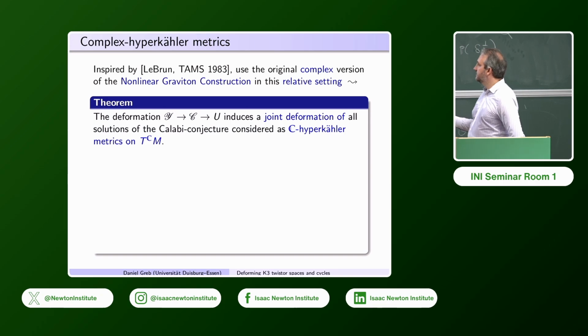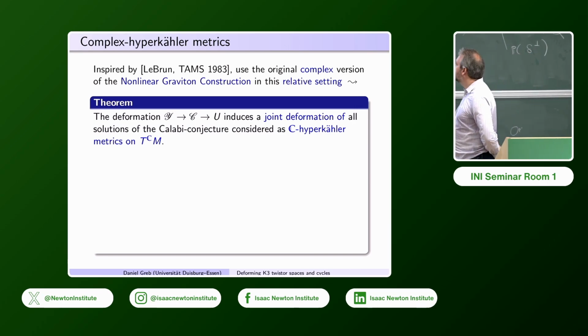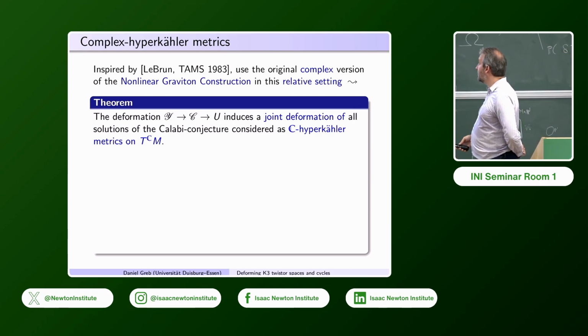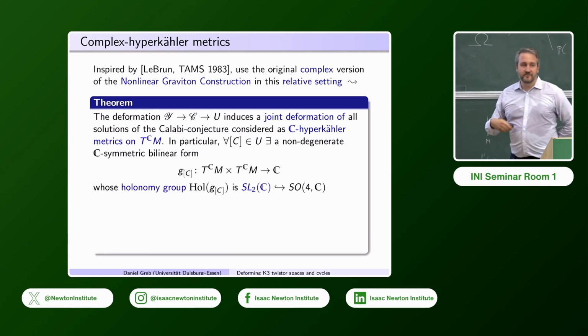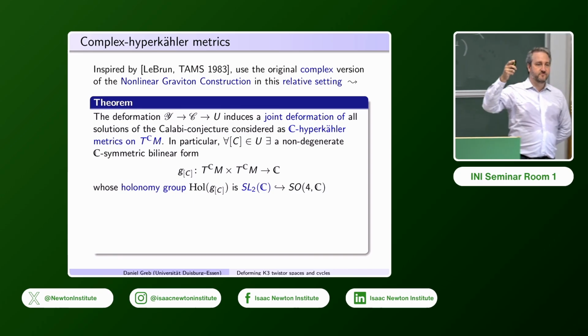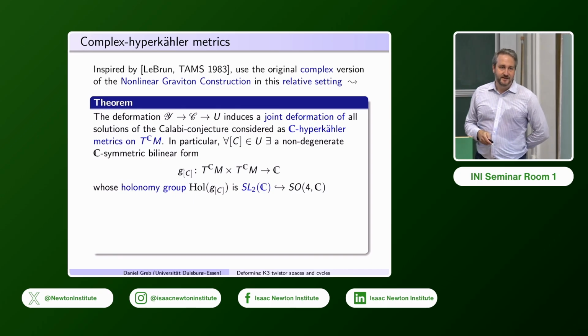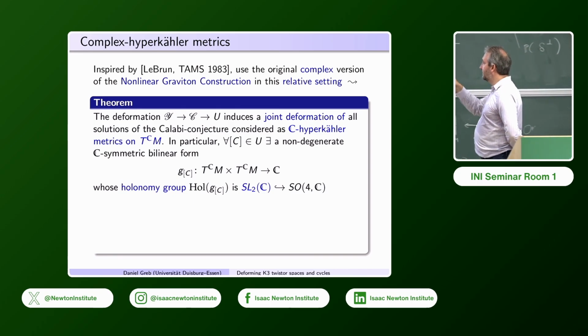that the deformation of the family induces a joint deformation of all solutions of the Calabi conjecture, considered, and you have to think a little bit how to formulate this correctly, as a complex hyperkähler metric on the complexified tangent bundle of the real thing. What does this mean?